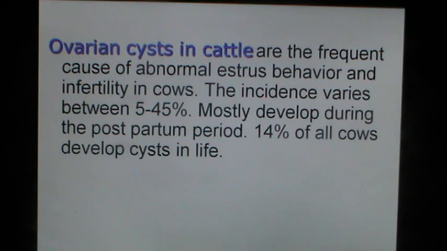The incidence varies between 5 to 45%, and mostly the cows develop ovarian cysts during the postpartum period. As per one estimate, 14% of all cows develop cysts during their lifetime.